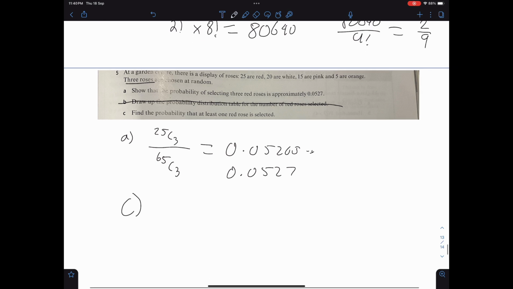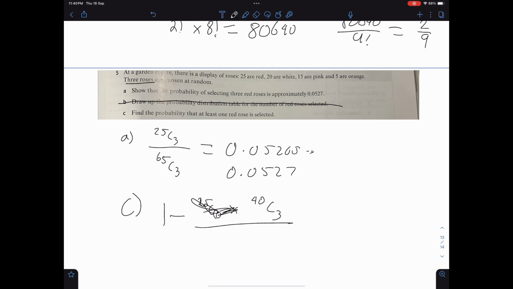If we go to C, probability that at least one red rose is selected. Honestly, I'd just minus the probability of no red roses being selected. 1 minus 25 choose 0. I'm kind of just making a point about that here. And then 40 choose 3. This is just 25 choose 0 is just 1, so we don't need to worry about that.